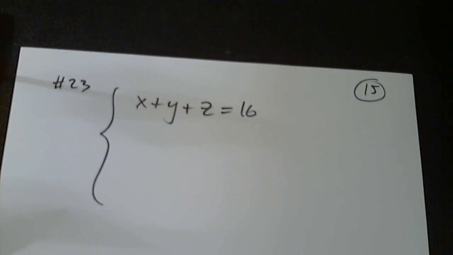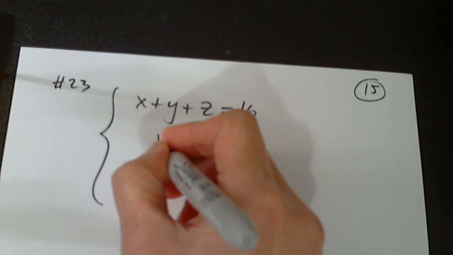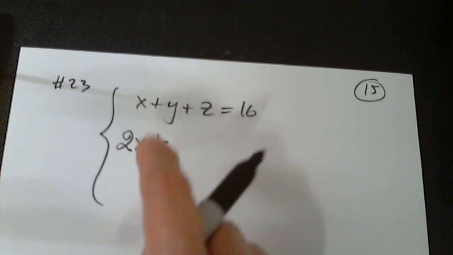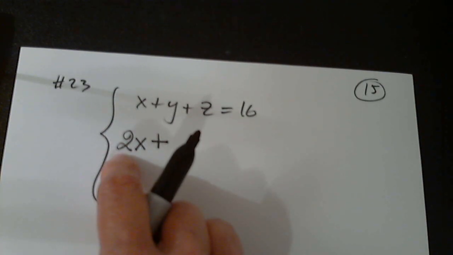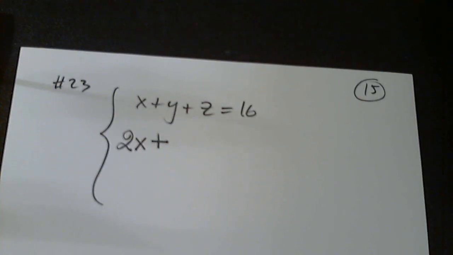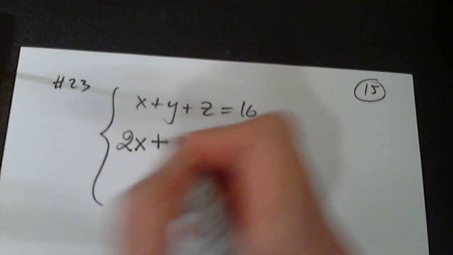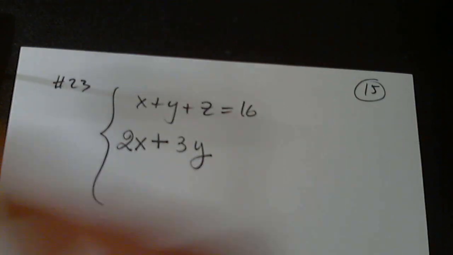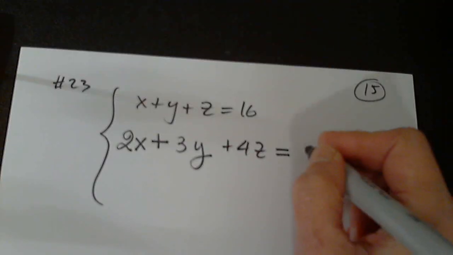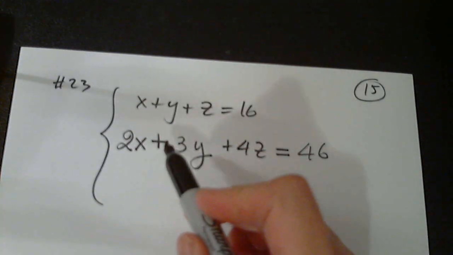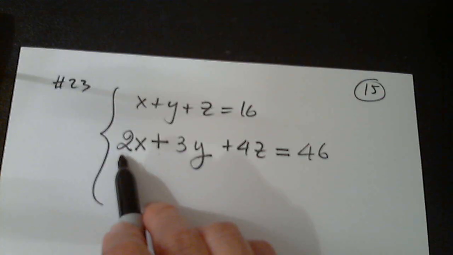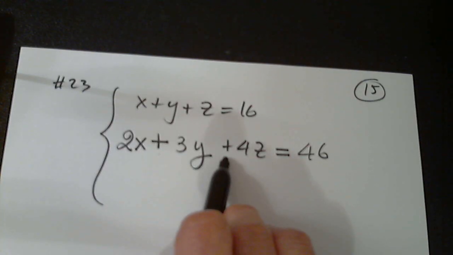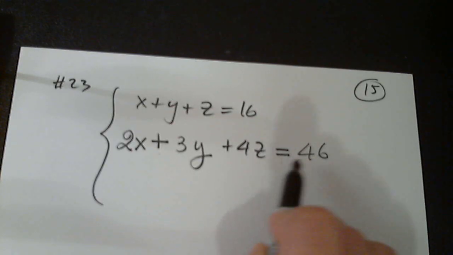Okay, so the second: the sum of twice the first number, 3 times the second, and 4 times the third is 46.